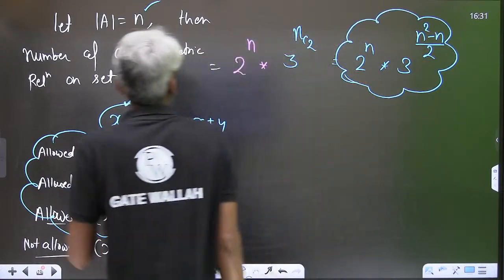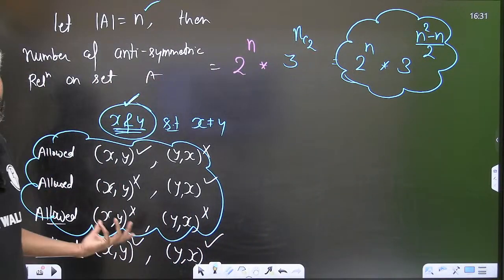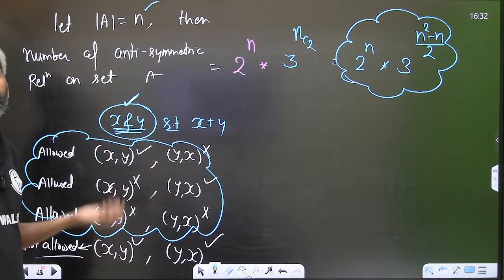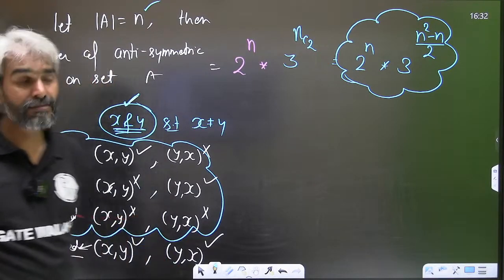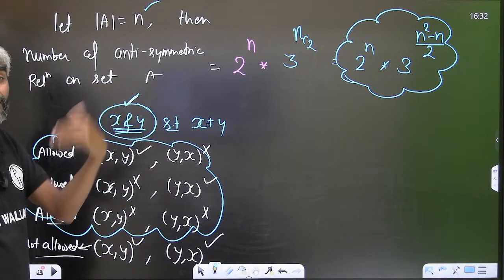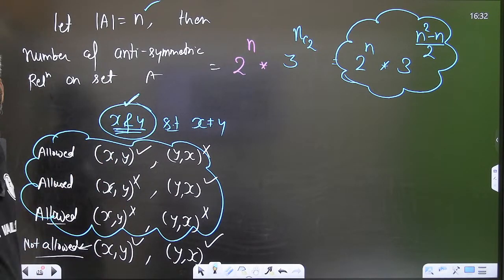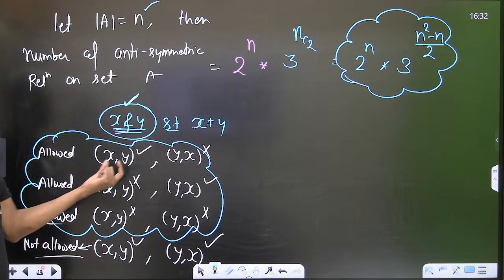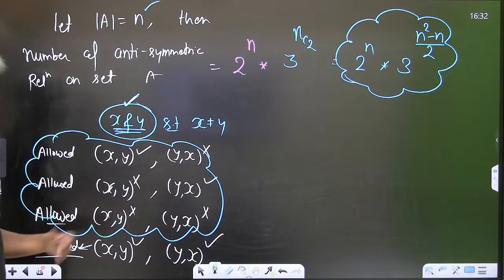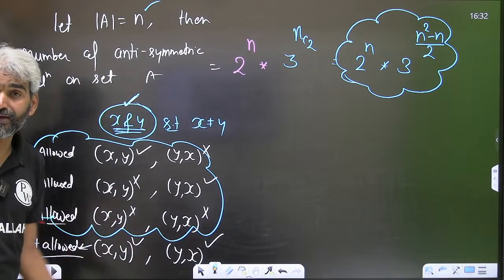I don't know how many of you are able to follow this, but there's a very tricky thing. If x and y are two distinct elements, then only they will create non-diagonal ordered pairs. For two distinct elements, what are the different possibilities which are allowed in an antisymmetric relation? x comma y is present but y comma x is not present. y comma x is present but x comma y is not present. Neither x comma y is present nor y comma x is present.